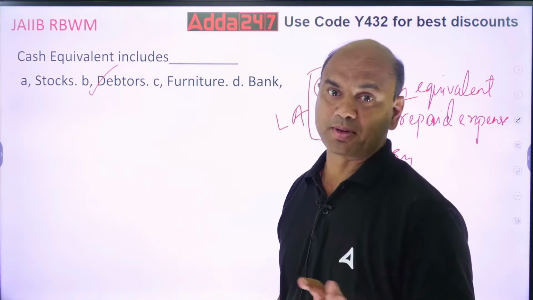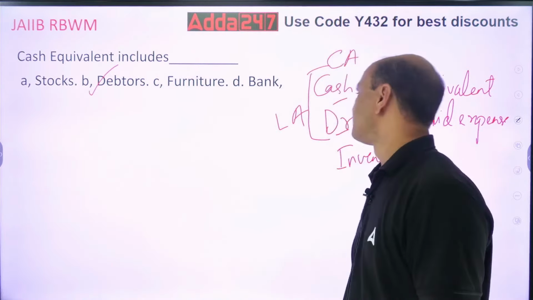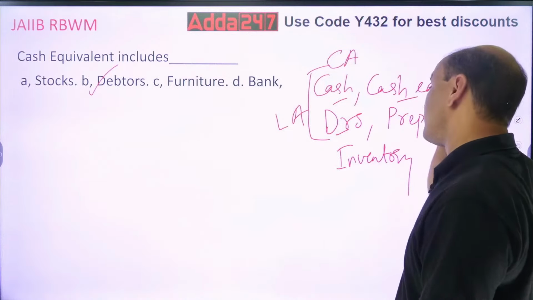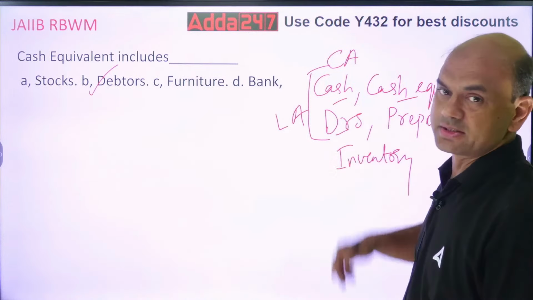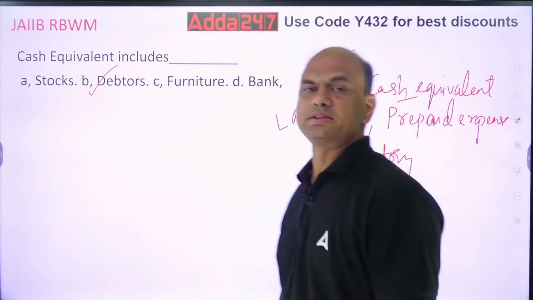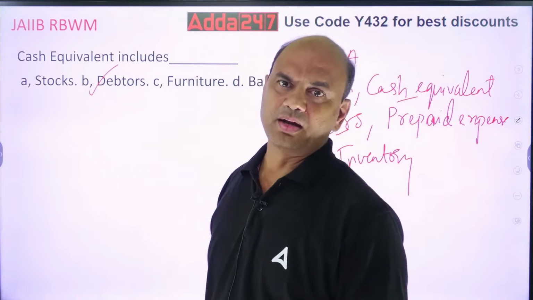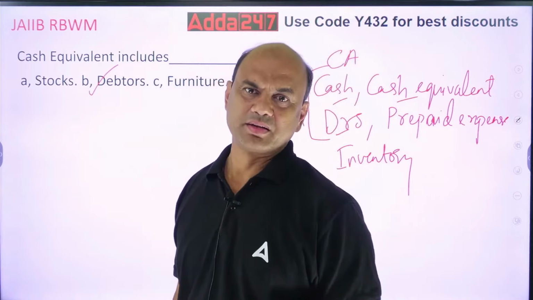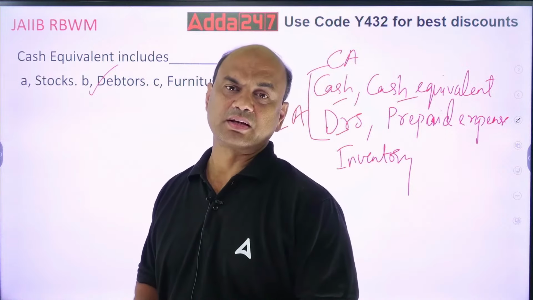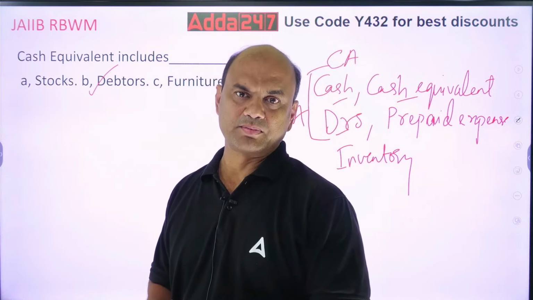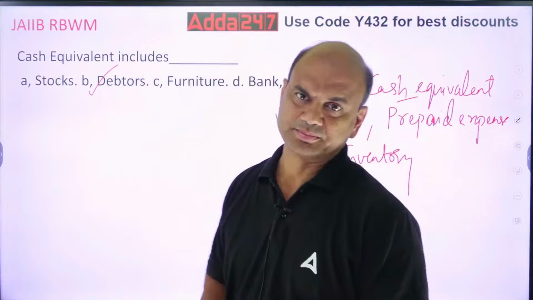I am not saying practically. That's why we are taking the debtors in liquid assets. Actually, debtors is the problem, you know. Debtors don't give you the money immediately. But theoretically, we consider that we have sold the material to them, so they will give you money immediately.